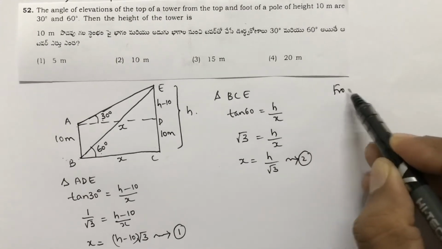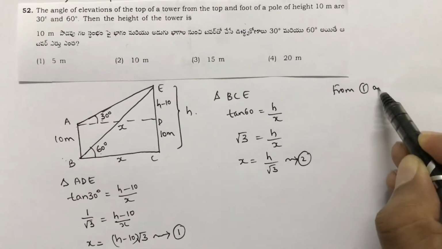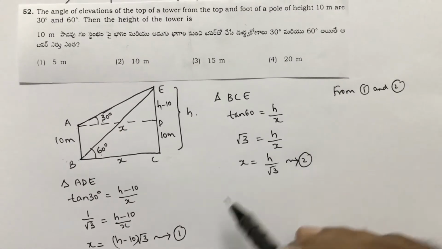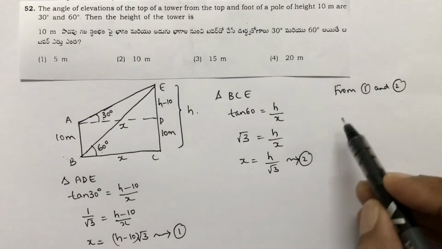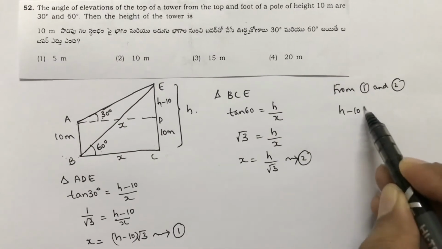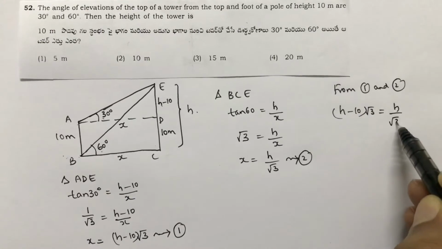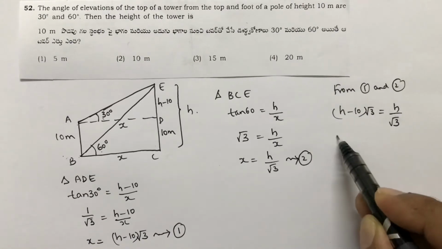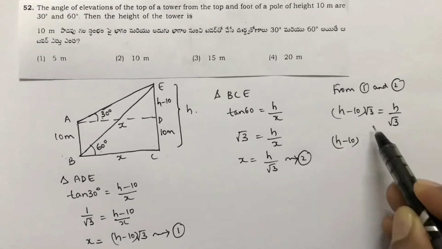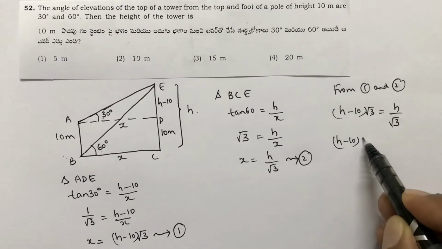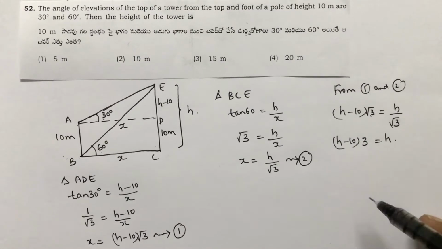From equation 1 and equation 2, both I wrote in terms of x. So I can equate h minus 10 into root 3 equals h by root 3. If I multiply, h minus 10, root 3 times root 3 is 3, equals h.